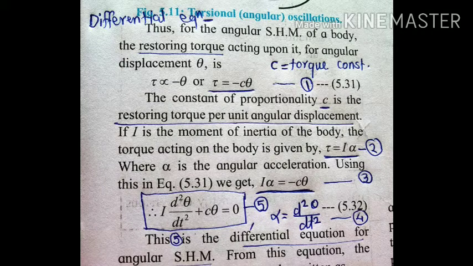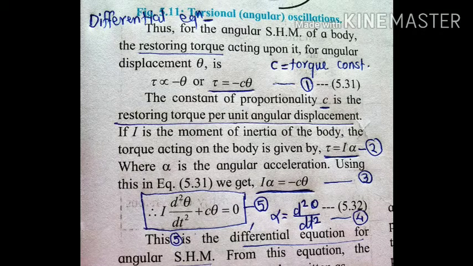Therefore, torque is equal to, and mass in linear motion is analogous to moment of inertia, denoted by letter I in angular or rotational motion. We study this in rotational motion.